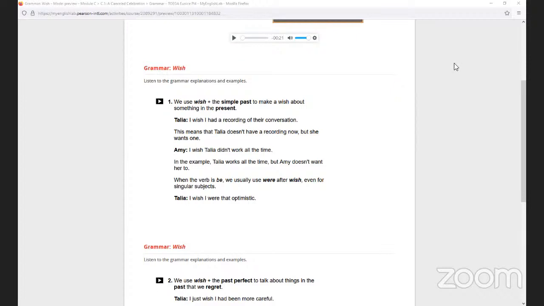In number one, for example, we have uses of wish, this grammar. We have the first use, and it is when we use wish plus always the simple past.